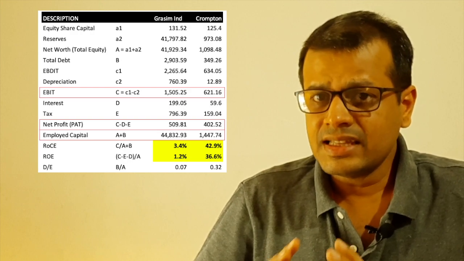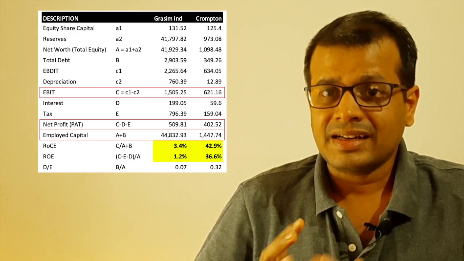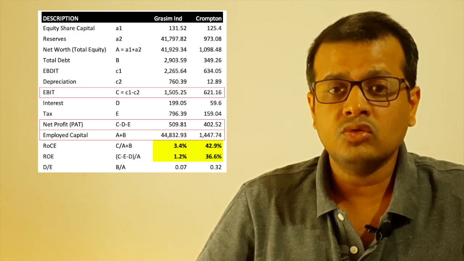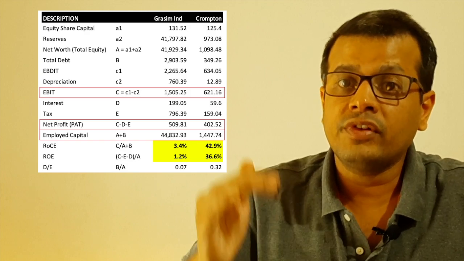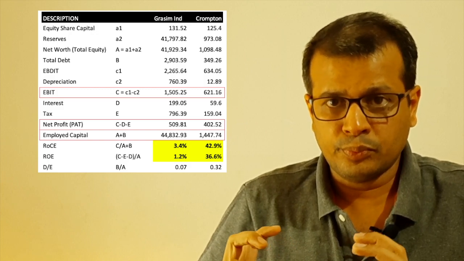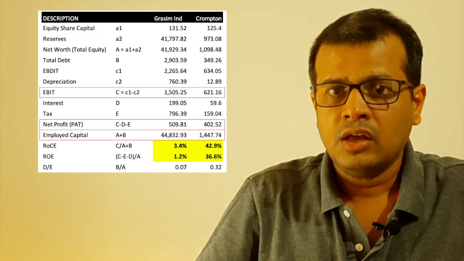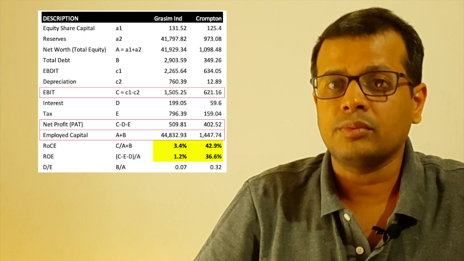To generate 1500 crores of EBIT, how much fund is Grasim Industries using? If you see the numbers, Grasim Industries is using 44,000 crores to generate an EBIT of 1500 crores. So it is putting 44,000 crores in the business, and those 44,000 crores are generating 1500 crores of operating profit.